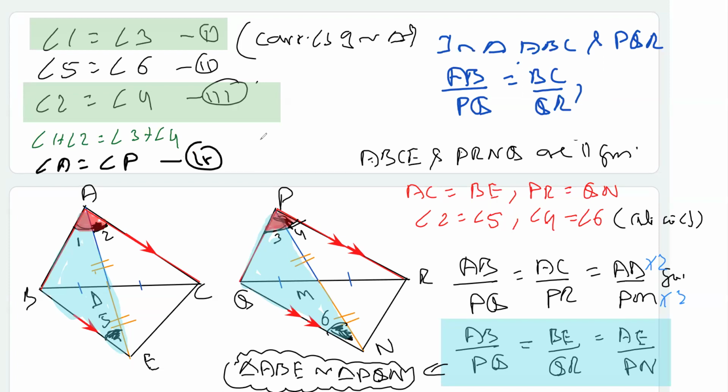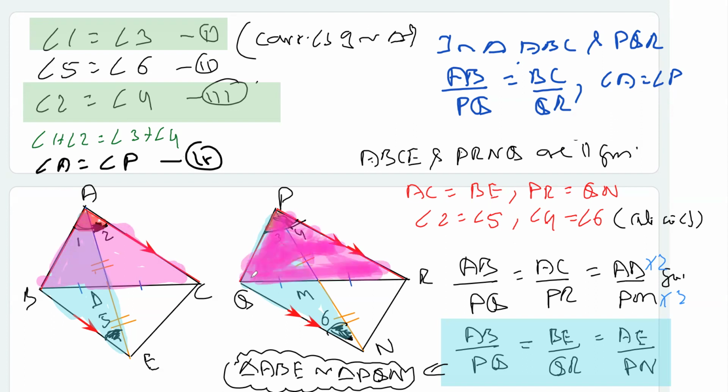And I just proved from here, that is from the fourth part, that angle A is equal to angle P. So when you look into these two triangles, let me once again show you the triangles. So we are here talking about this triangle, one is ABC and the other triangle is PQR.